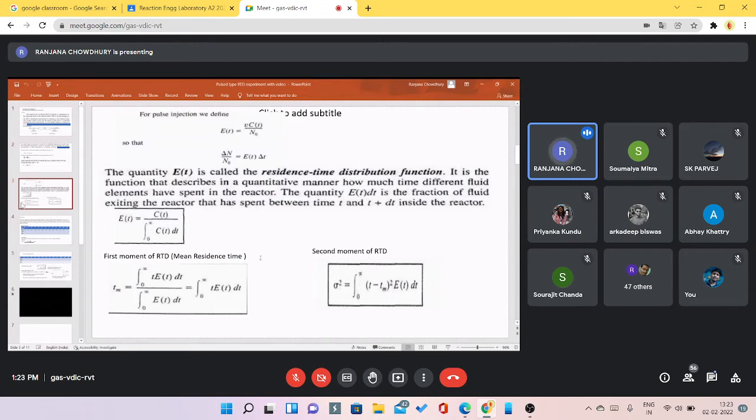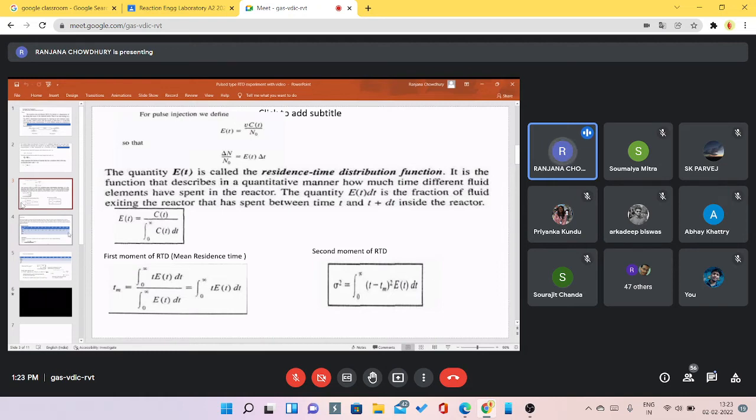And as I have told you, allowing infinite time is not possible. So this is the time of the experiment, which is allowed up to the point when the outlet concentration of the tracer reduces to 0.